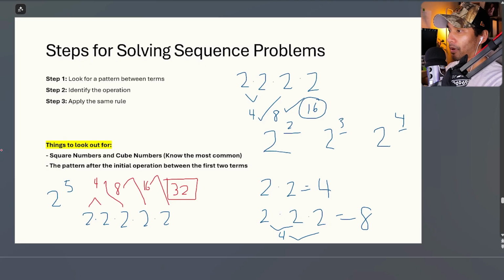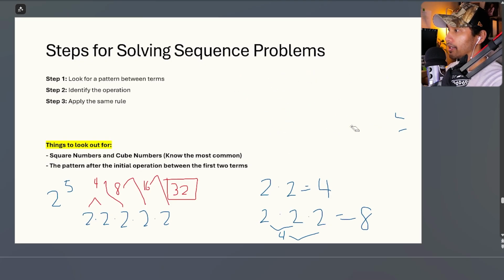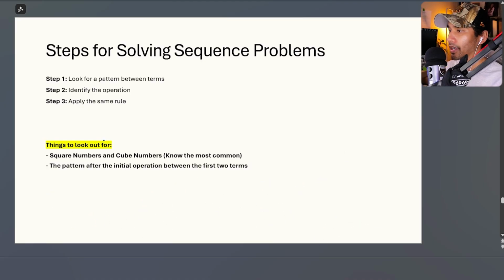Perfect. You're going to encounter other ones like 3 squared, 4 squared, 5 squared. You need to know those. Those are basic algebra.